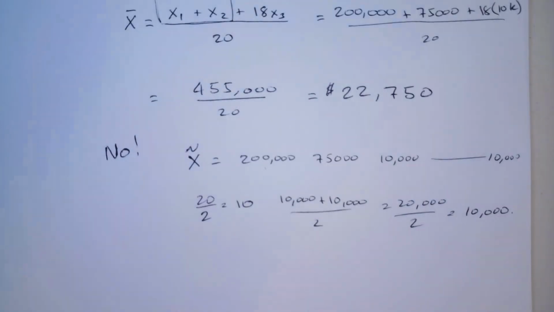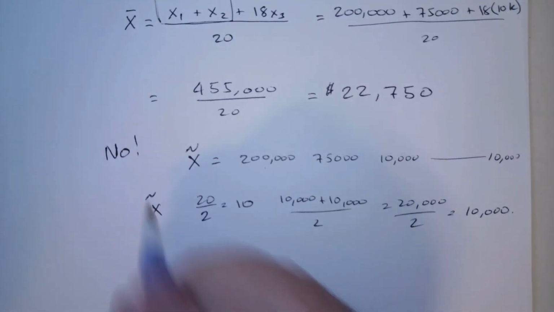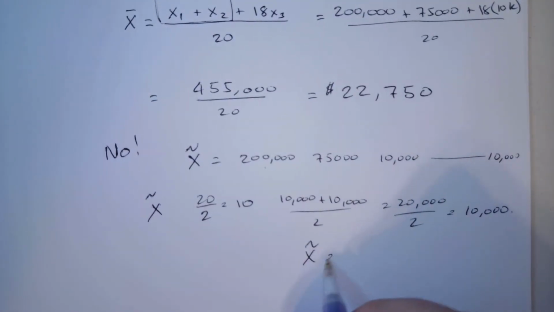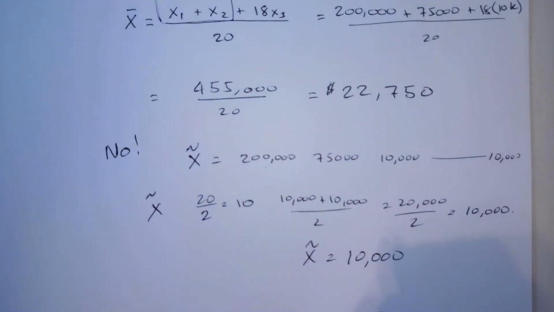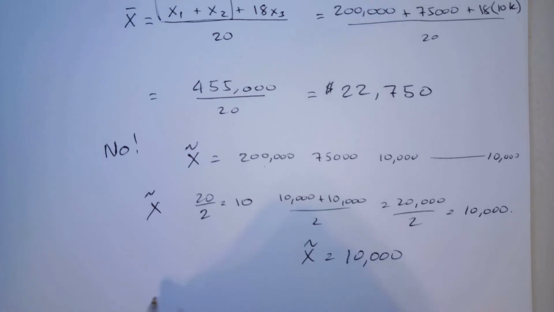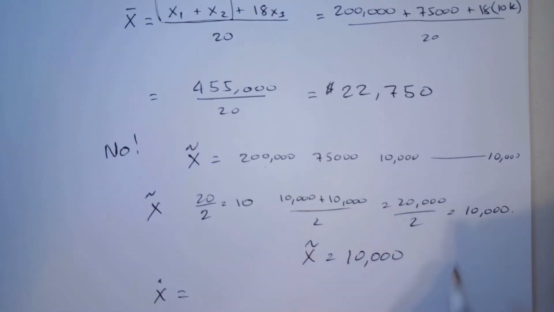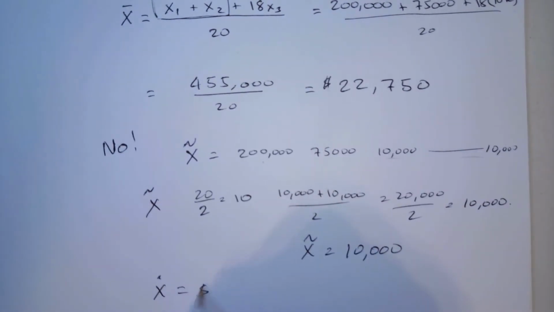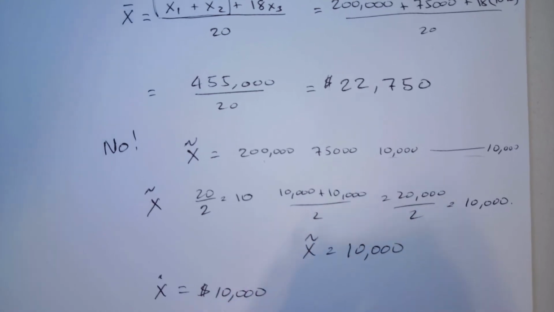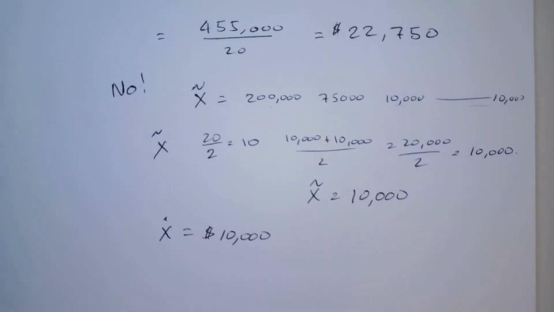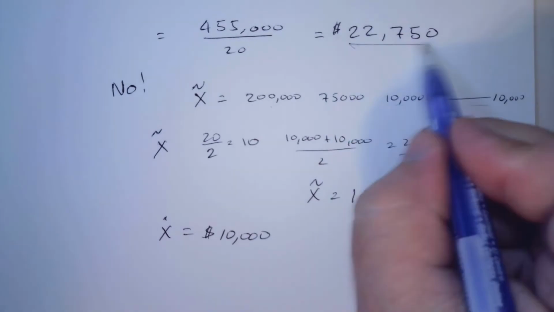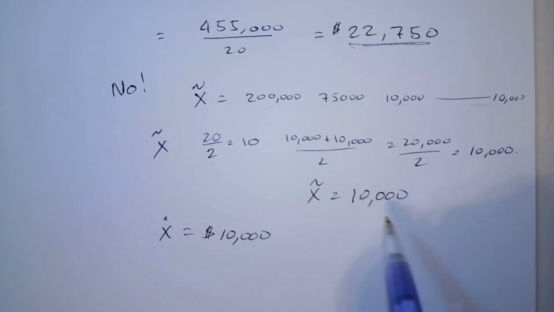So the median salary is $10,000. Also, the modal salary, since there's 18 10,000s, is also $10,000. The mean number is much bigger than the distribution.